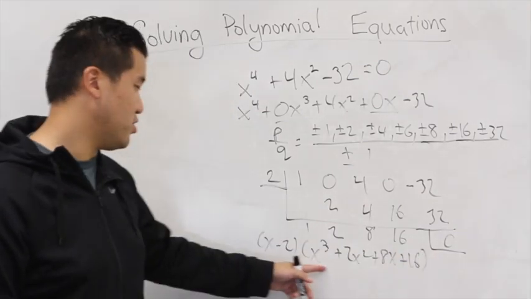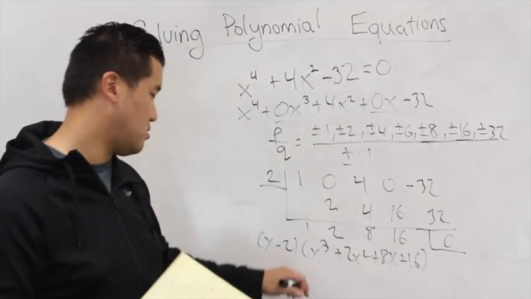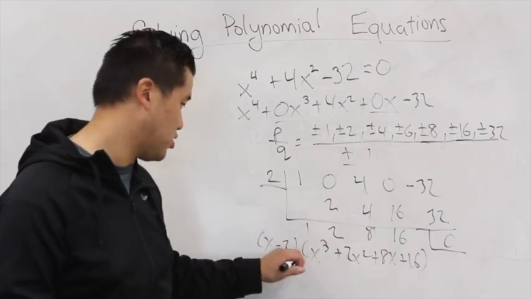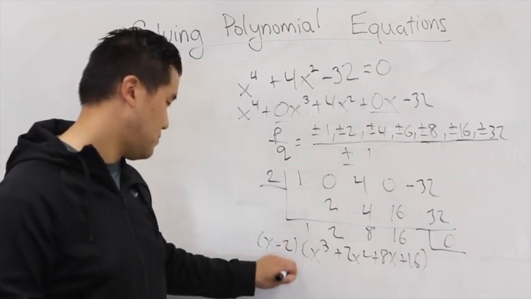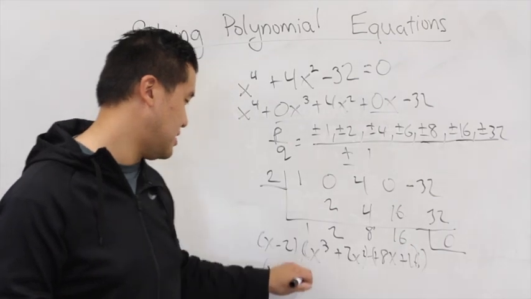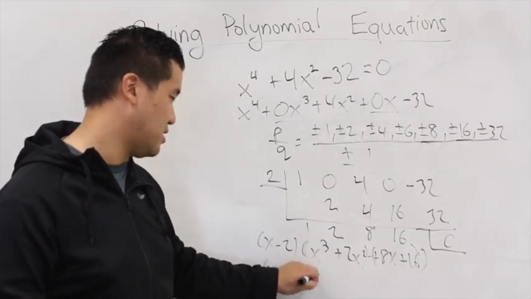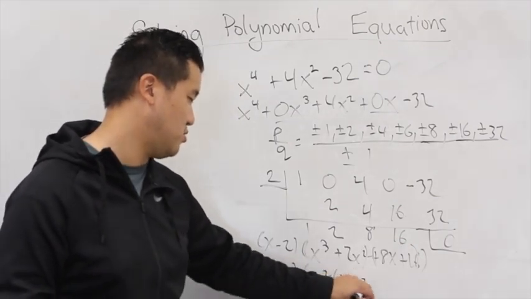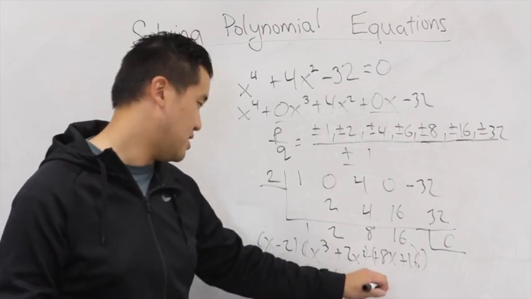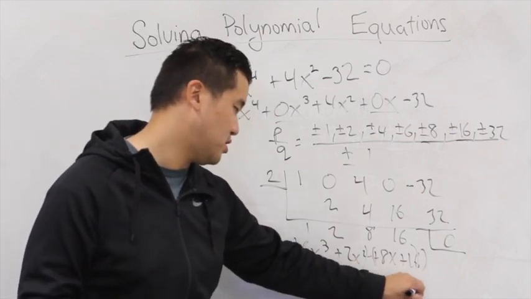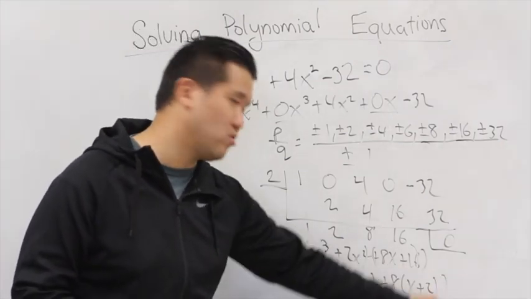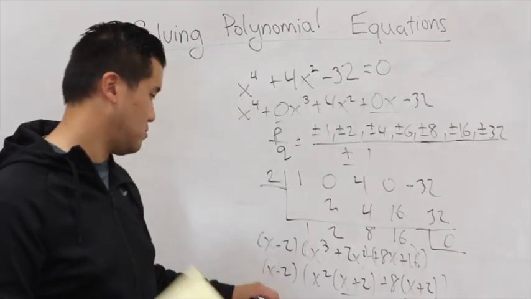All right. We can do this again. We can group it, or we can actually use synthetic. Let's group this guy. So you have these guys and those guys. Here, what can you take out? I can take out an x squared, so you have x plus 2. Here, what can I take out? An 8, so you get x plus 2. So because they're equal, we can actually use grouping.